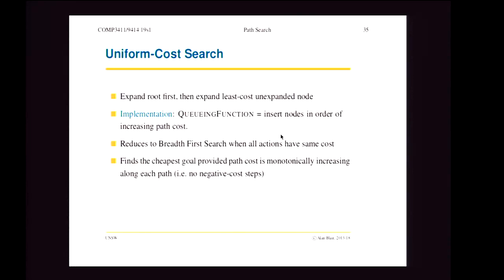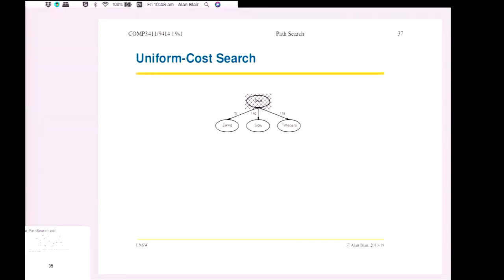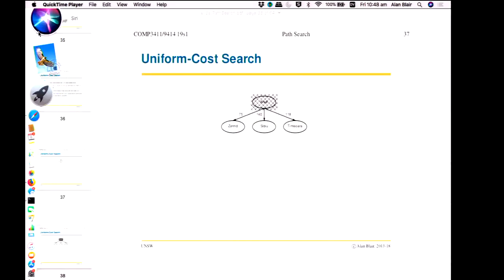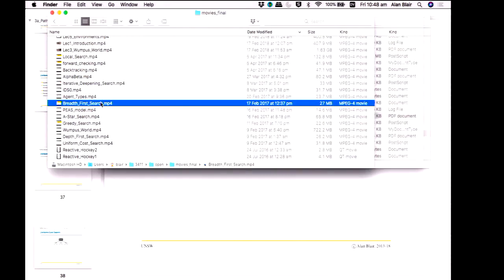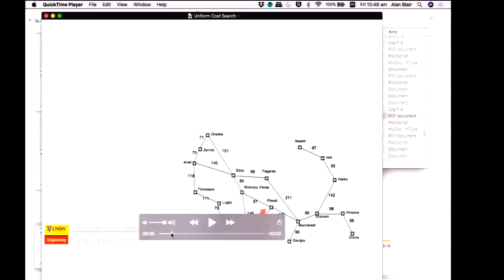Right, so in uniform cost search, when we're choosing which node to expand, we always expand the node whose total path length from the initial node is the minimum. I think it's easier to understand looking at stills from the video.